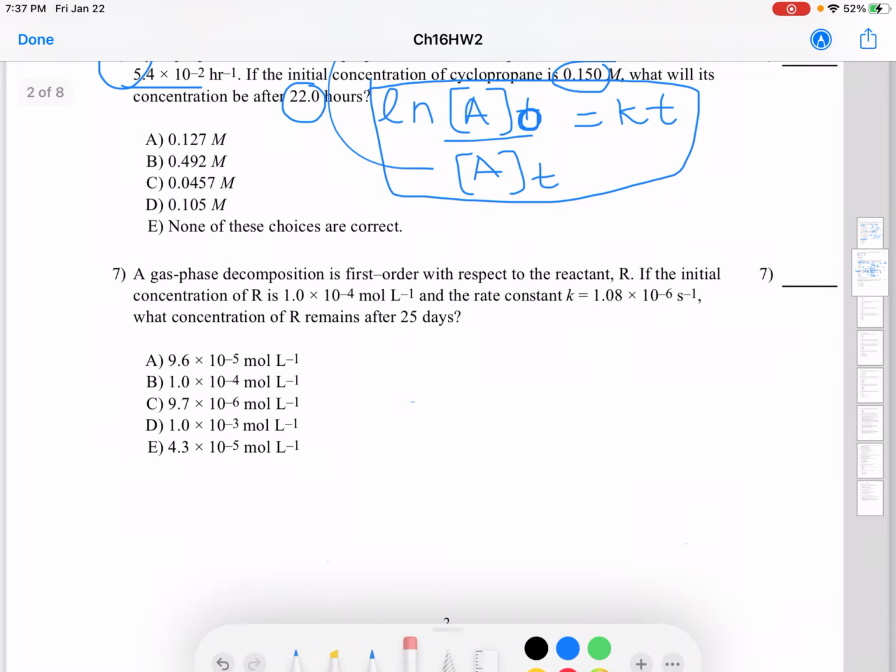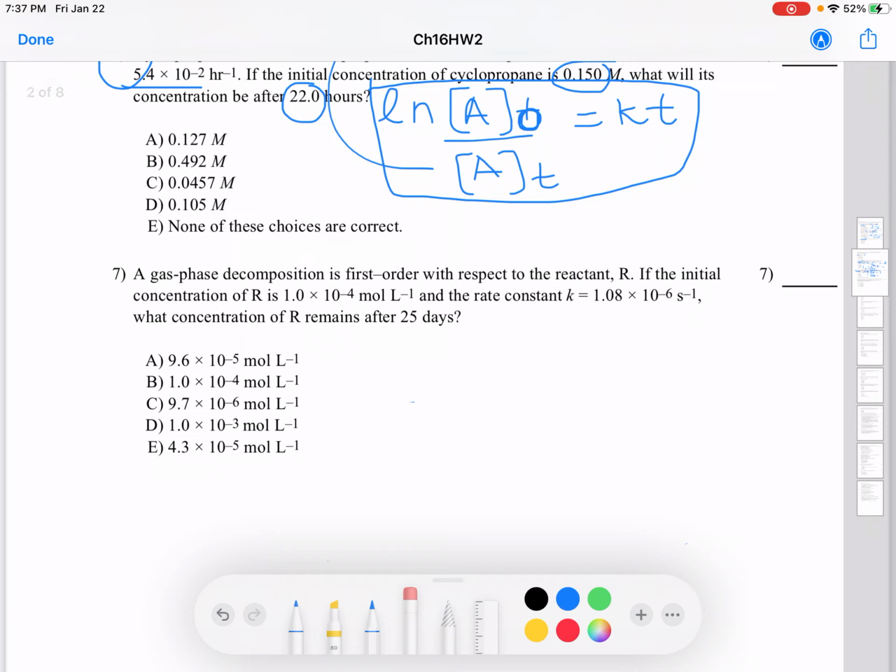The initial concentration is given, in moles per liter. The rate constant is given, per second. So that tells us it's a first order reaction.